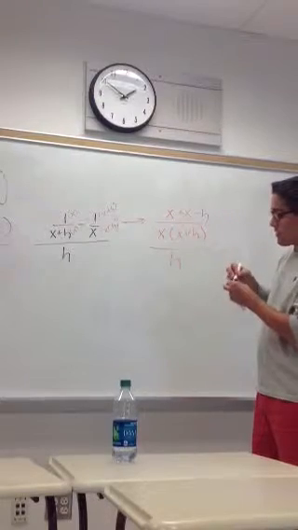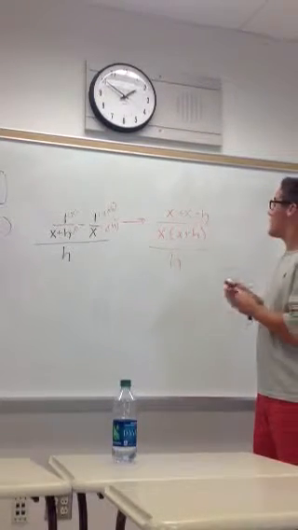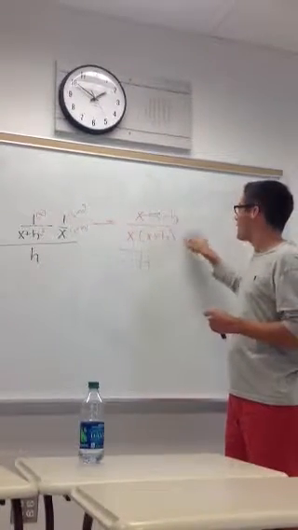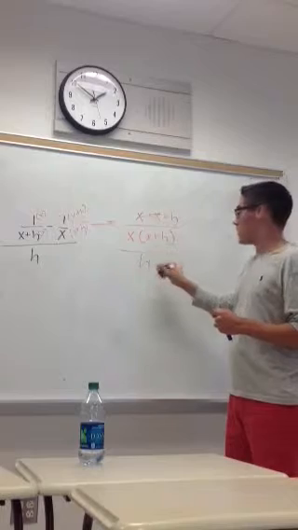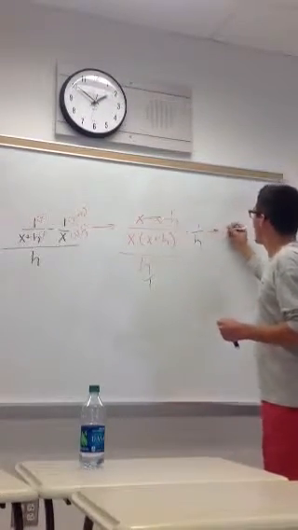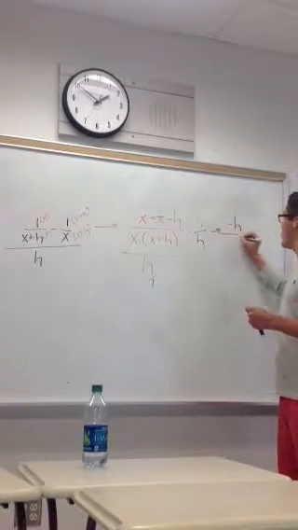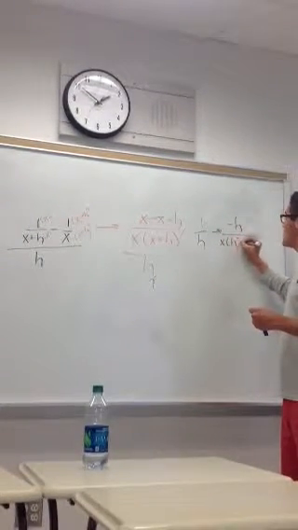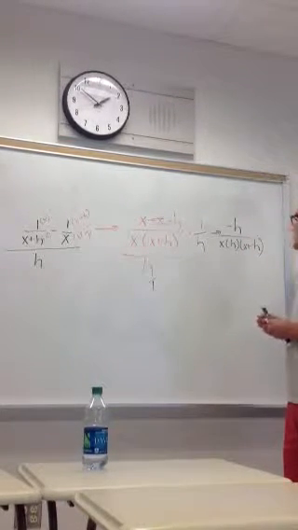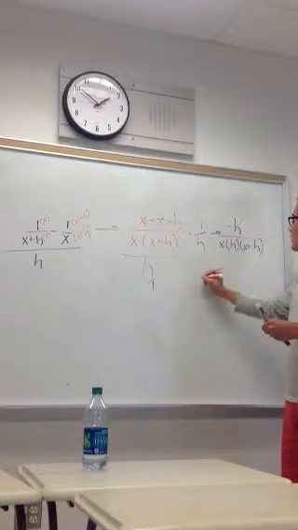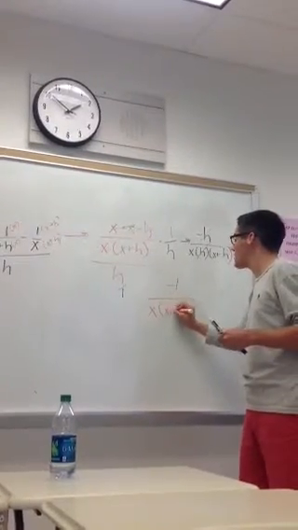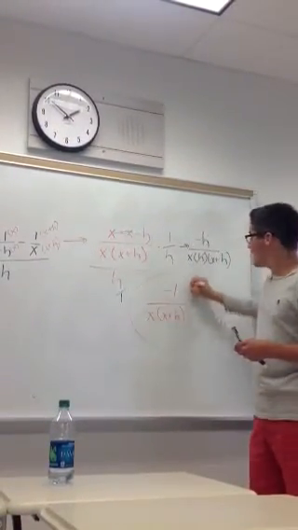So these two x's over here are going to cancel each other out. And to get rid of this h on the bottom, we're going to multiply this fraction by the reciprocal of h over 1, which is 1 over h. We multiply that to get negative h over x times h times x plus h. We can cancel out our h's, and we're left with our answer of negative 1 over x times x plus h. And that's our answer.